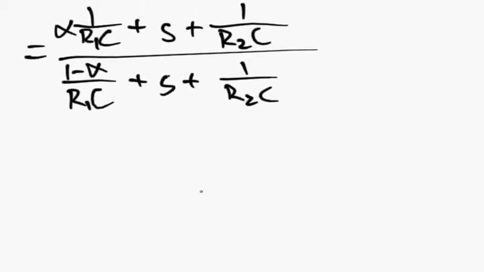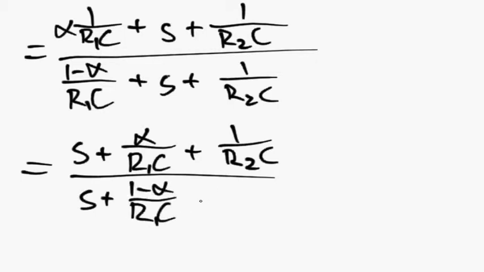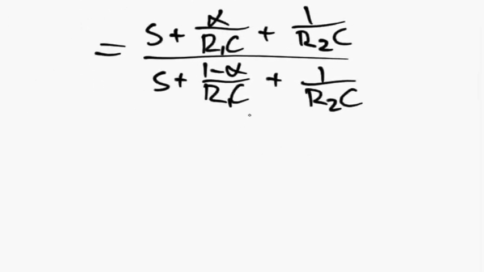And reordering this so that we see these in direct zero over pole form, we have S plus alpha over R1C plus 1 over R2C, over S plus 1 minus alpha over R1C plus 1 over R2C. Now, what you've got here is an expression of a transfer function where you have a pole here and a zero here.